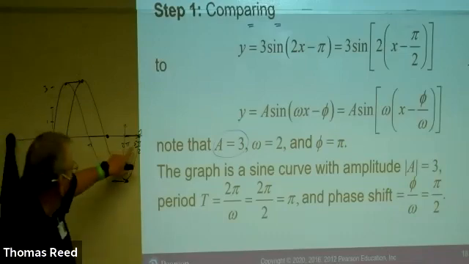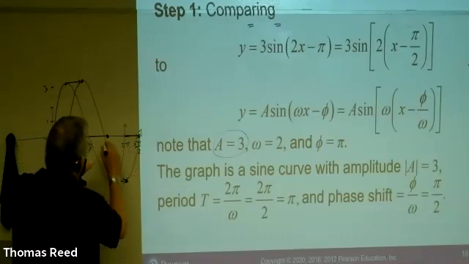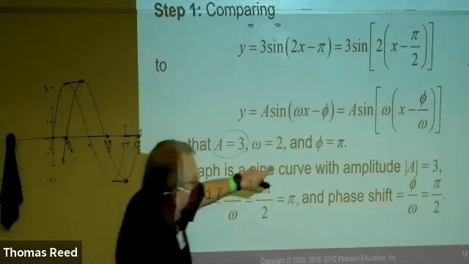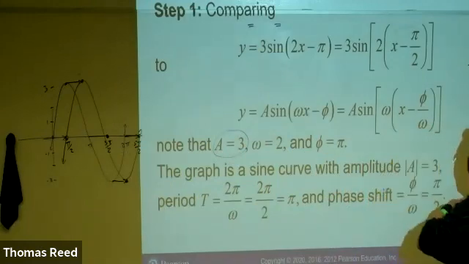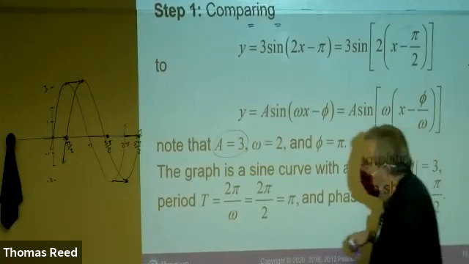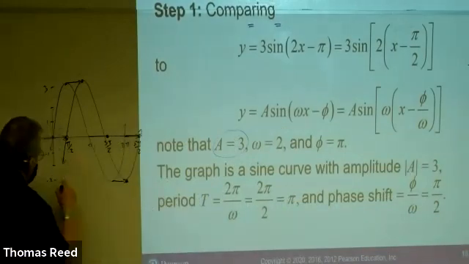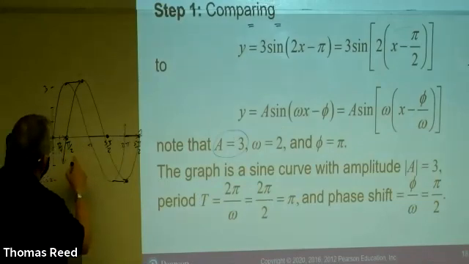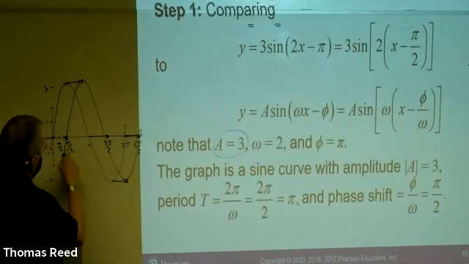But now we're going to change 5 pi over 2 and 3/2 pi and 1/2 pi. We're going to change those by multiplying by 1 over omega. And since omega is 2, that's 1/2. So 2 times 1/2 is 1/4. So this comes down to pi over 4. 1/2 times pi is pi over 2. So this got moved back again to here.